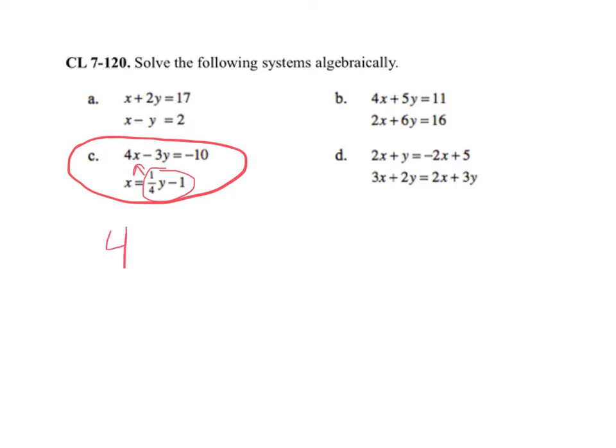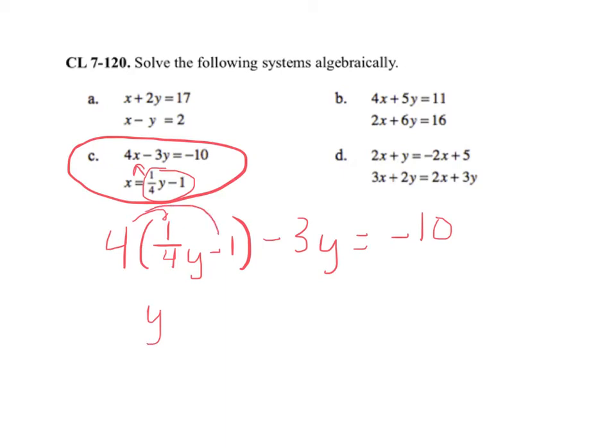I'd have 4 times 1/4 y minus 1 minus 3y equals negative 10. It's kind of nice because when I distribute now, 4 times 1/4 is 1, so that would just be y. 4 times negative 1 is negative 4, minus 3y equals negative 10.